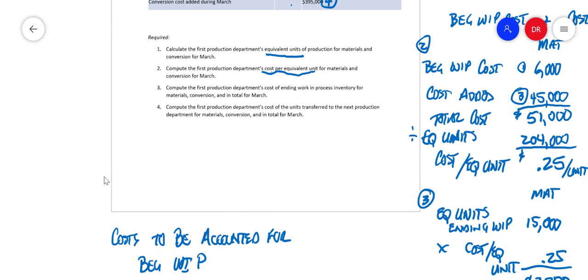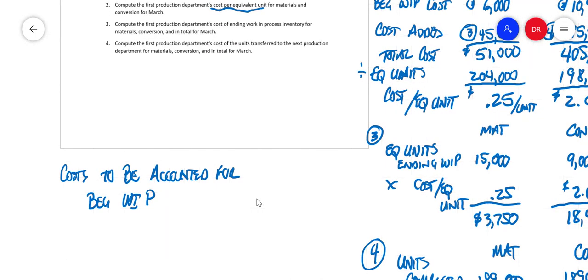So we're going to put those down here. Materials and conversion. So we have $6,000 here.